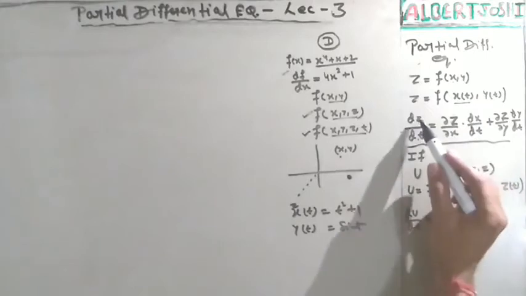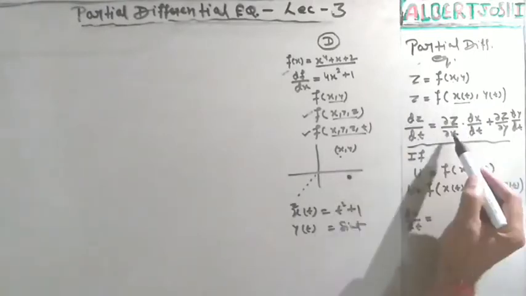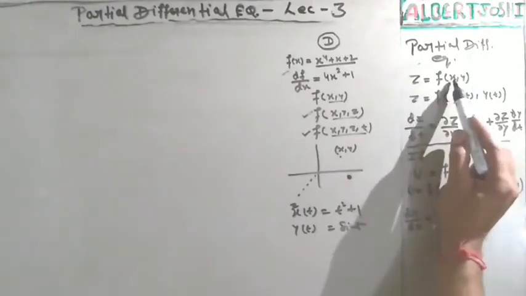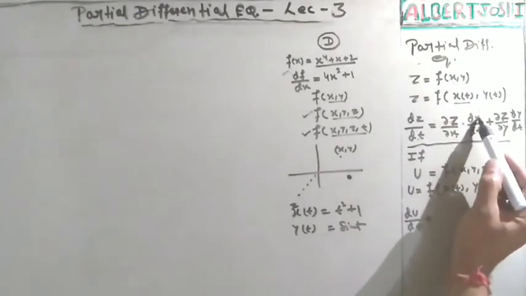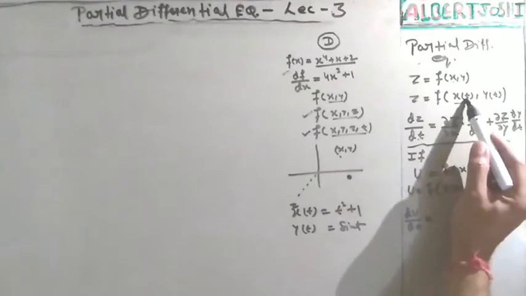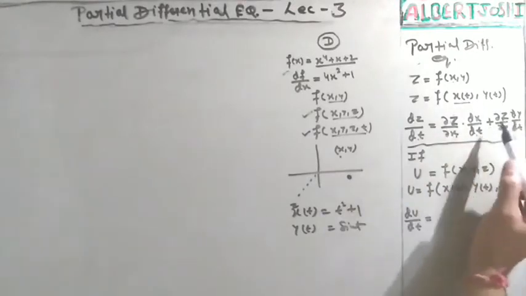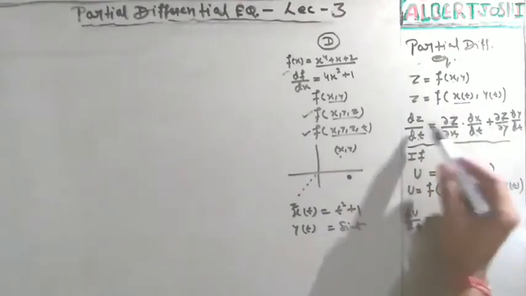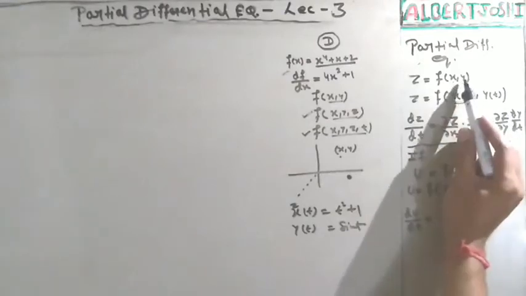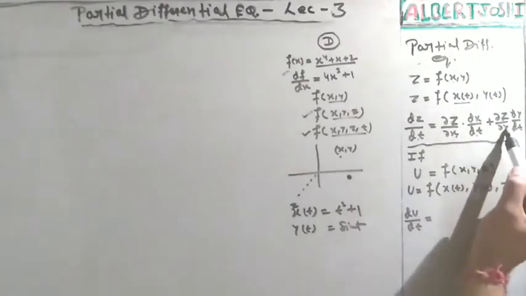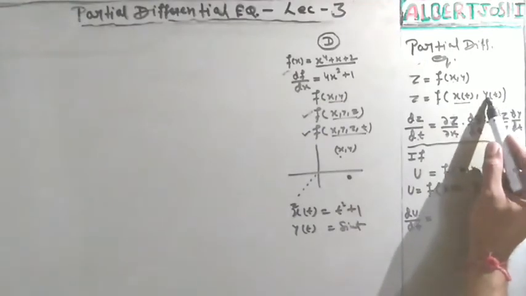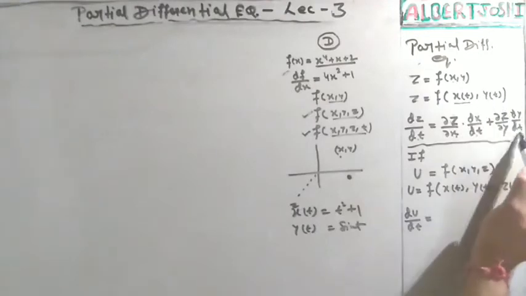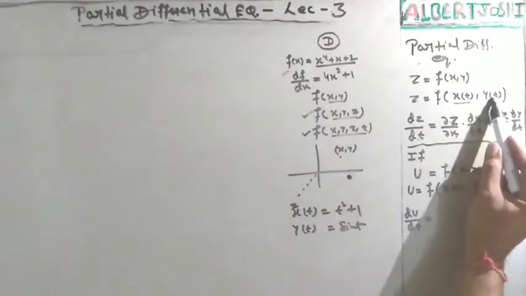In this condition, at first you will differentiate z with respect to x because there is one variable. Then you will differentiate x with respect to t because there is a t. After that you will differentiate z with respect to y because the second variable is this, which is also a function, y of t. Then you differentiate y with respect to t because t is inside this function.